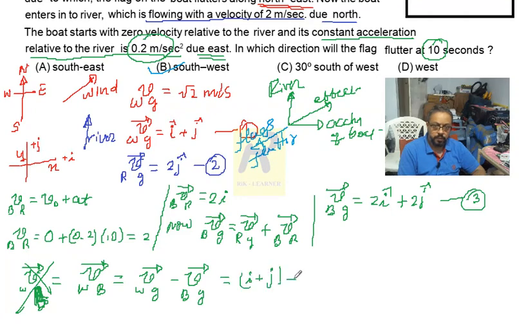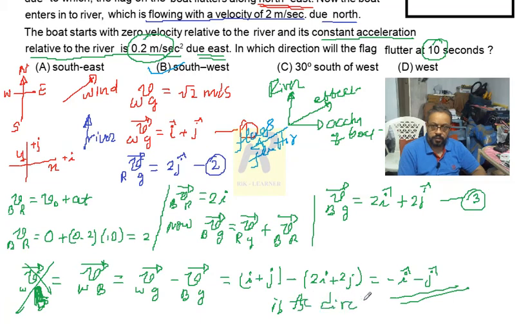And minus this one, which is V_BG, that means 2i plus 2j. So this is equal to minus i minus j. So this will be the direction of the fluttering flag. Minus i minus j will be the direction.